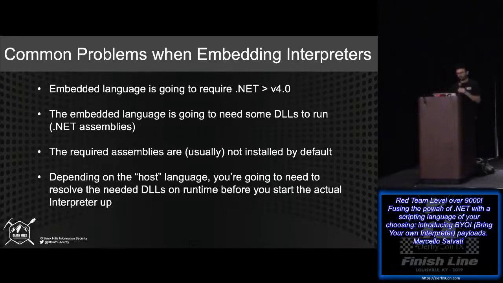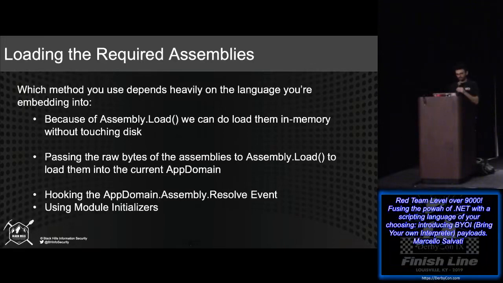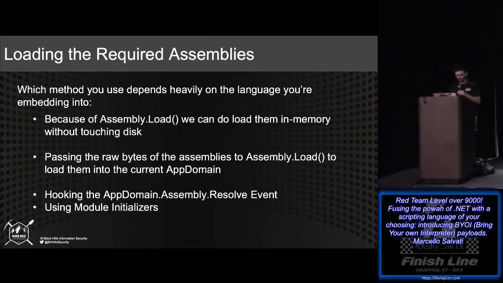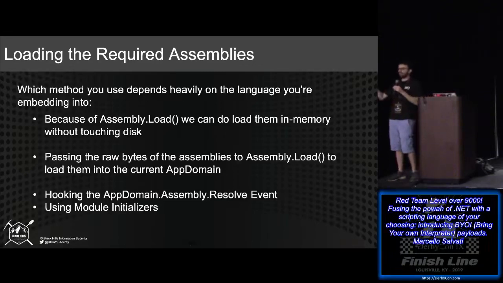I'm not going to go real deep into this because I don't want to bore you with just .NET development. But the main way of doing it, if you're in PowerShell, is just calling Assembly.Load. That's because PowerShell can interact with the .NET Framework and can do the same thing as C# does, and vice versa. If you're in C#, you're going to want to hook the AppDomain AssemblyResolve event, because that event basically allows C# to know where to go get these assemblies.